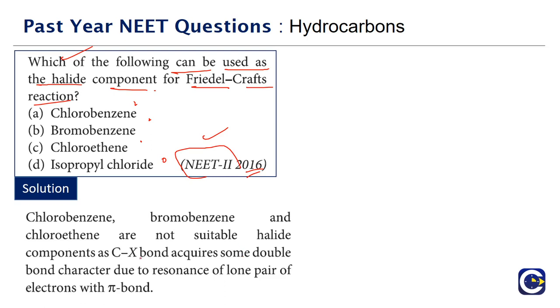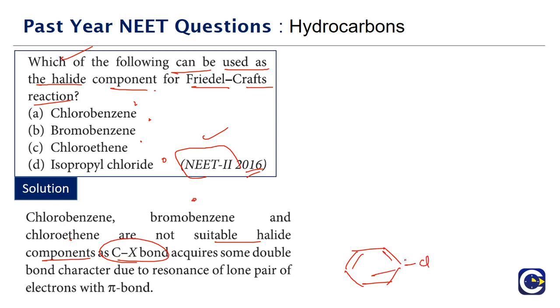Chlorobenzene, bromobenzene and chloroethene will not be suitable as the halide component. Why? Look at chlorobenzene. We have a benzene to which chlorine is attached.